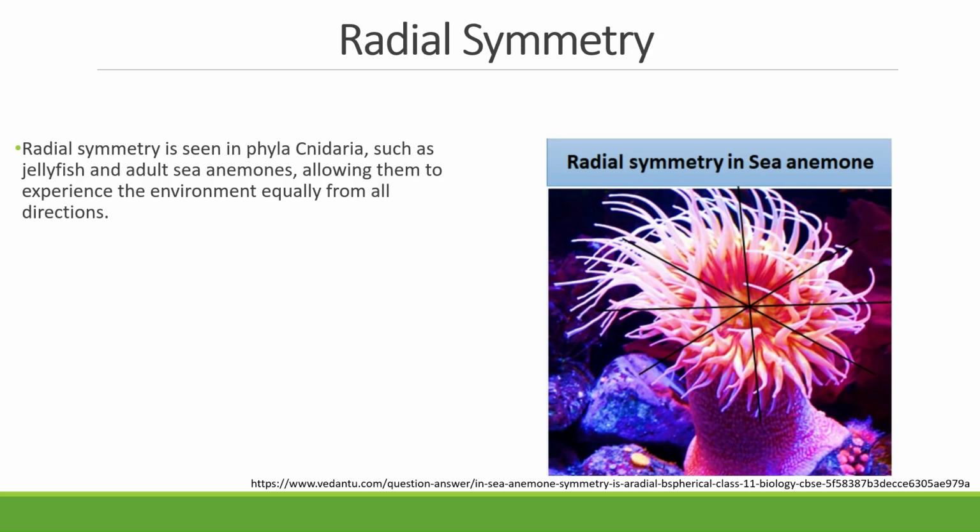There's no distinct head or tail, no left or right side. For a sessile animal like a sea anemone or a drifting jellyfish, this is actually highly efficient. Food or danger can come from any angle, and the body is equally prepared to respond. We'll see later how this symmetry contrasts sharply with bilateral symmetry.